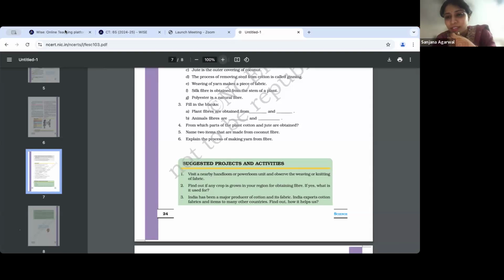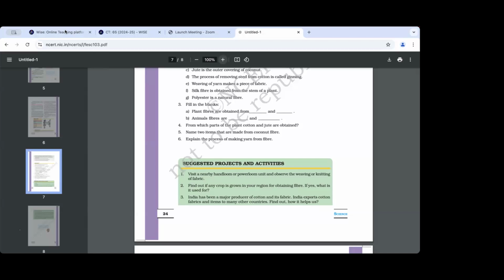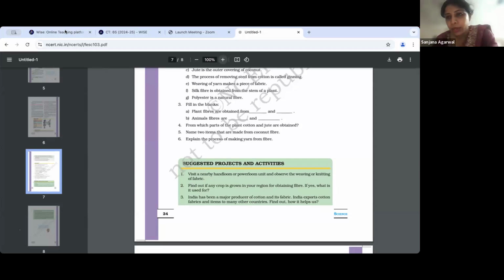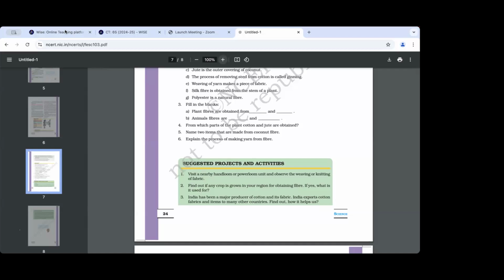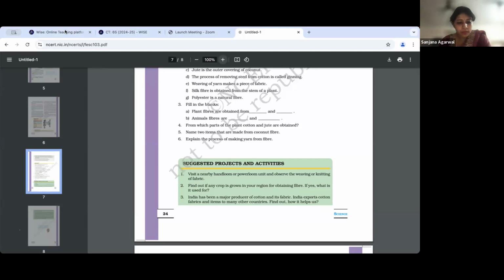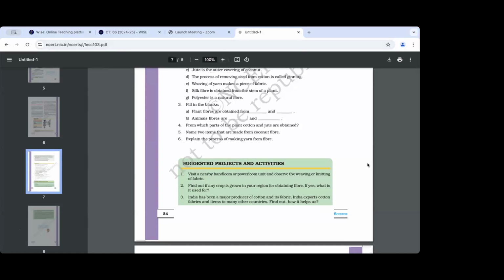None of these. It is cotton. Cotton on burning gives the odor of burning paper. Okay, ma'am.